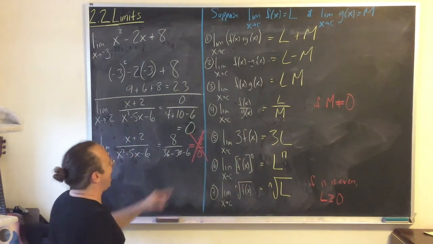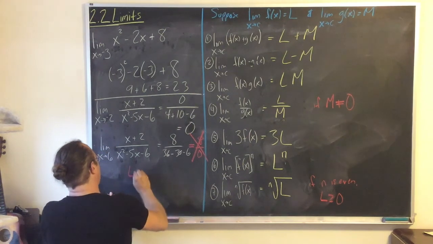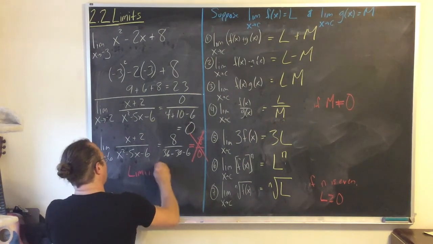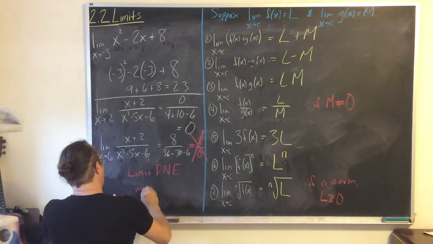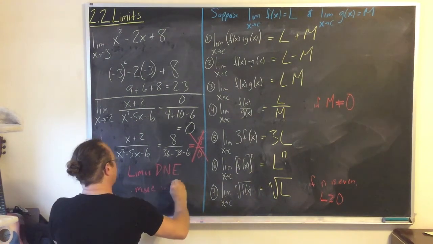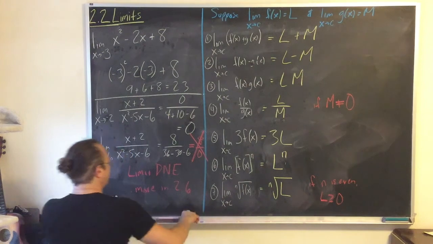Gross. So that we can't do. We will say this limit does not exist. And we will talk about this more in section 2.6.